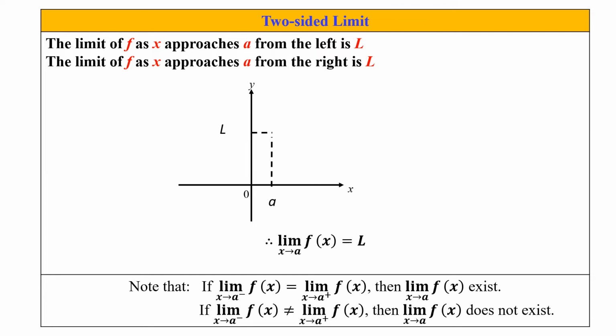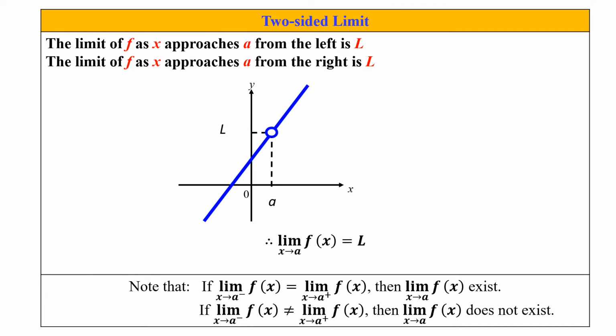Two-sided limit. For the two-sided limit, we want to evaluate the limit as x approaches a of f(x). We need to consider the limit as x approaches a from the left and the limit as x approaches a from the right.